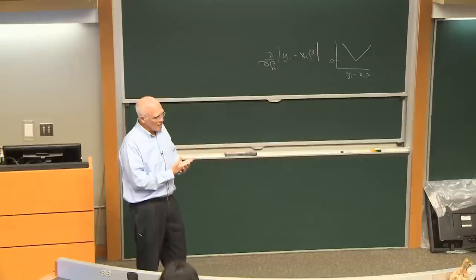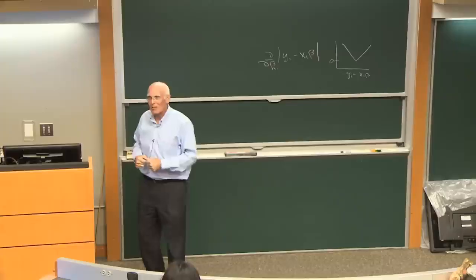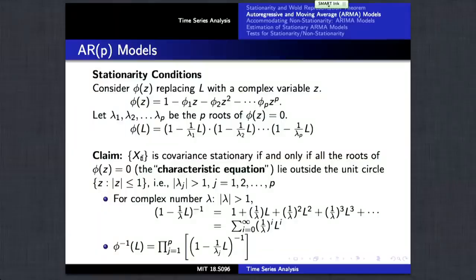So we have a polynomial equation, the characteristic equation, whose roots we're looking for, and those roots have to be outside the unit circle for stationarity of the process. Well, okay, basically these are the conditions for invertibility of the autoregressive process, and that invertibility renders the process an infinite order moving average process.